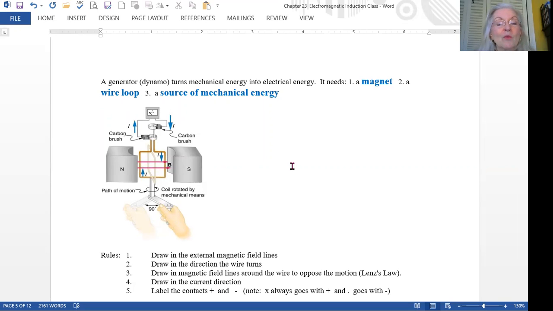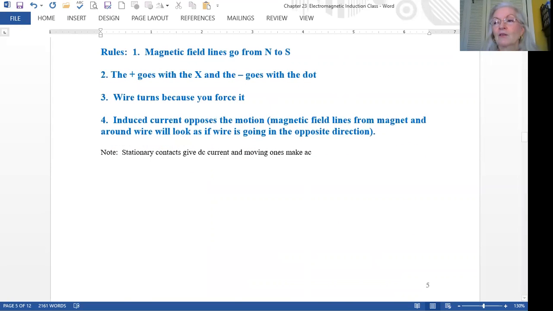And the end result will be that there'll be a current produced in the wire because of that opposing magnetic field. And if we hooked it up to a little meter, we could measure it, or if we hooked it up to a little light bulb, maybe we would power the light bulb. In the old days, it was quite common to see on bicycles little generators, and as you pedaled, you could power a headlamp.